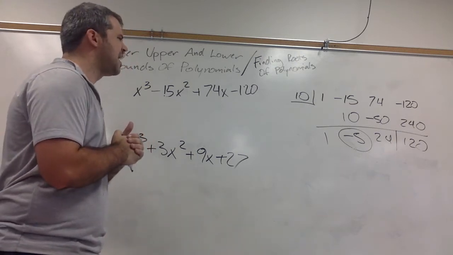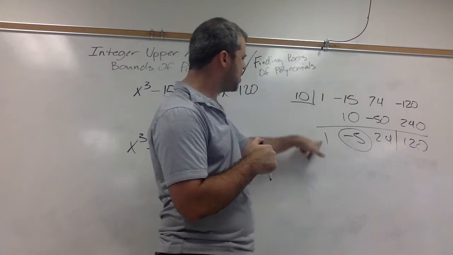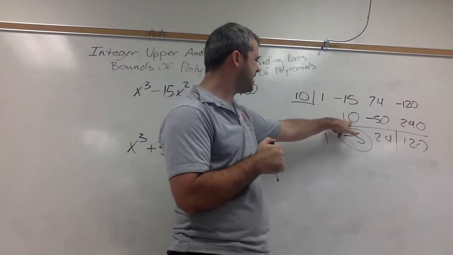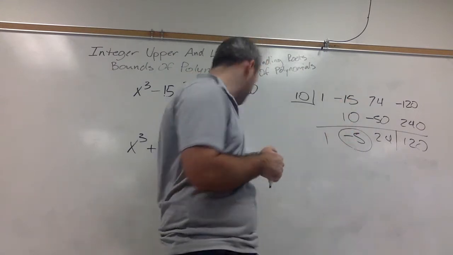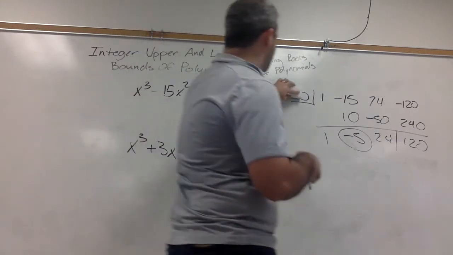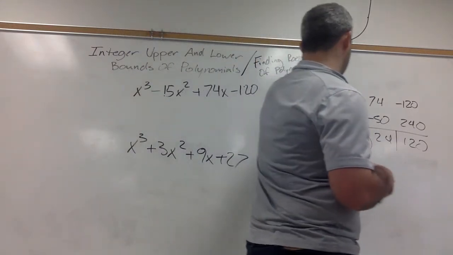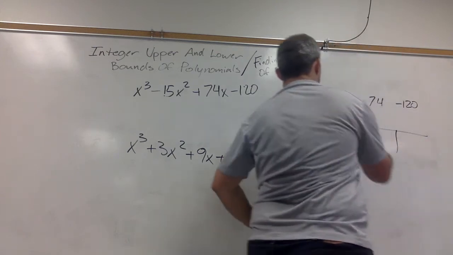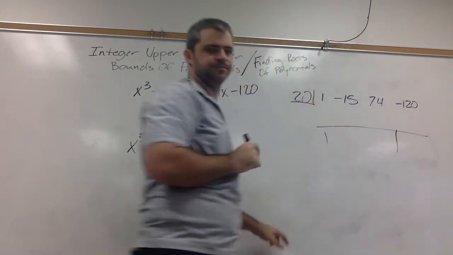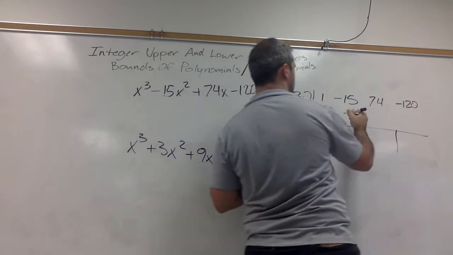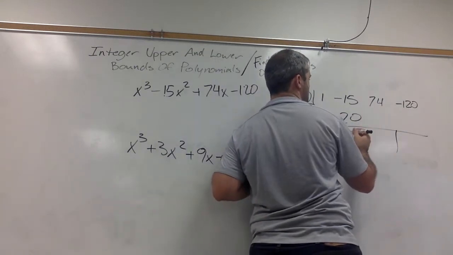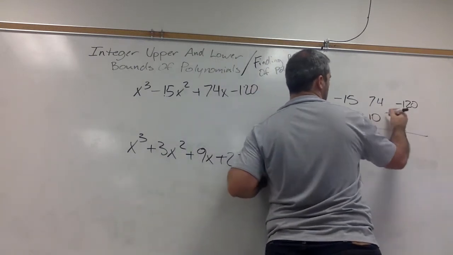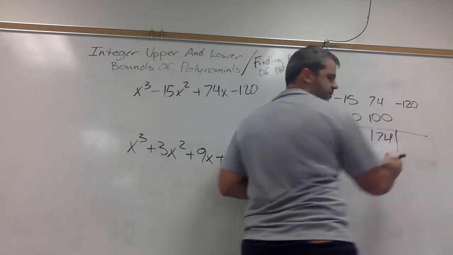So if you look, I know this guy needs to be at least 15 for this guy to be positive. So I don't know, let's try 20. Okay, so 20, 5, 100, 174.